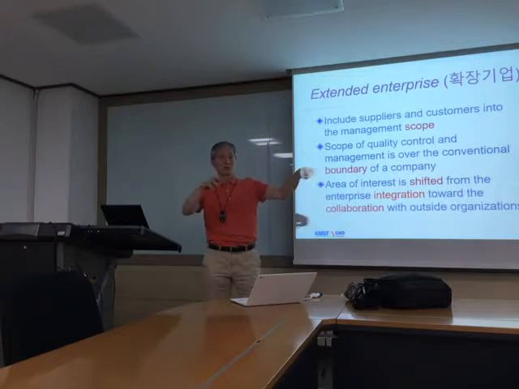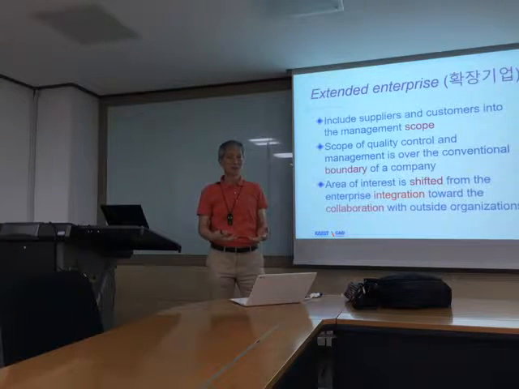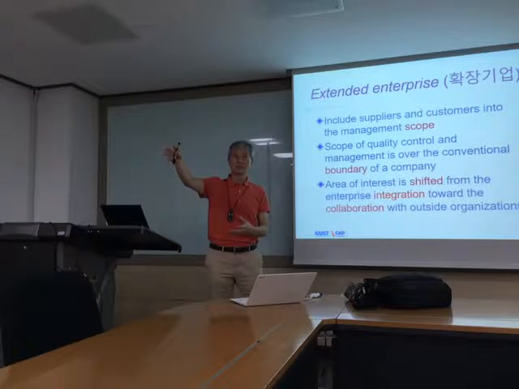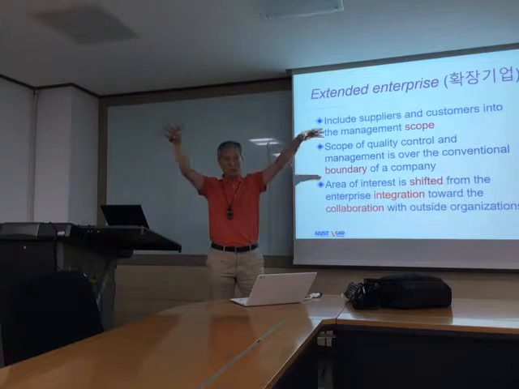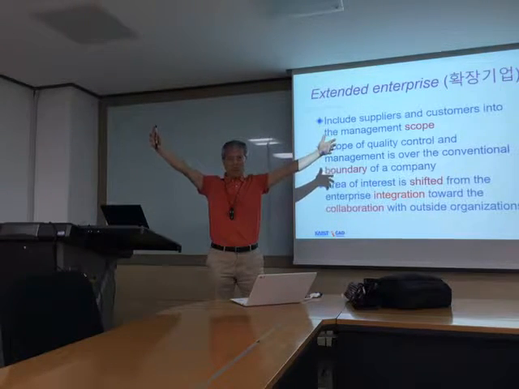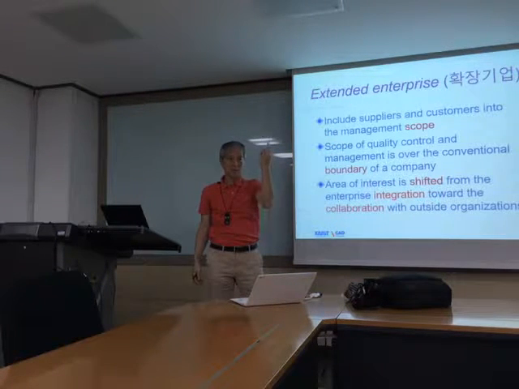Components are coming in so that you can do only assembly here. But if one of them is missing or delayed, then the assembly line is stopped. So you should control the schedule of the outside suppliers. Also quality: if one of them has a quality problem, then the whole product has a problem.